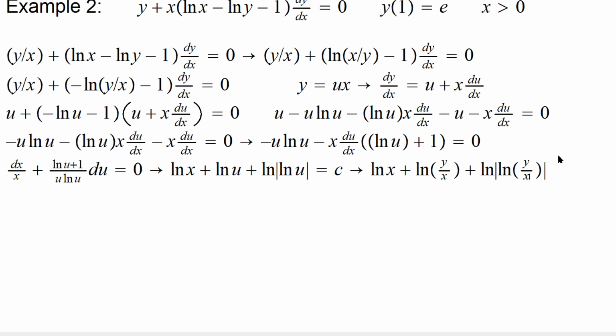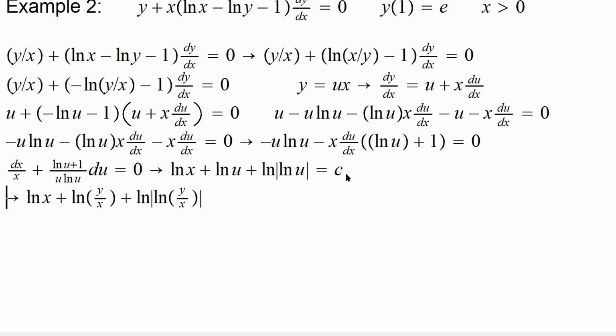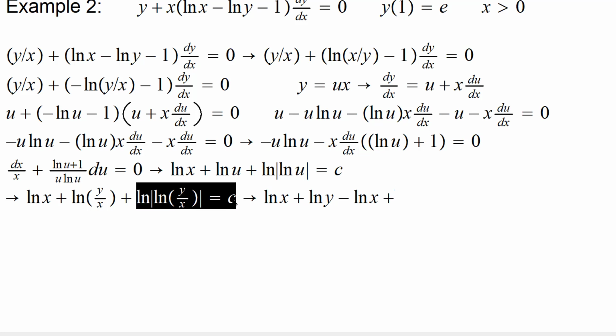and that equals, let me just bring it down here because I'm going outside the recording area. And right here, you can see we can cancel ln of x. So that's going to make the load lighter, okay, because this becomes ln of y minus ln of x plus all this equals c, right?